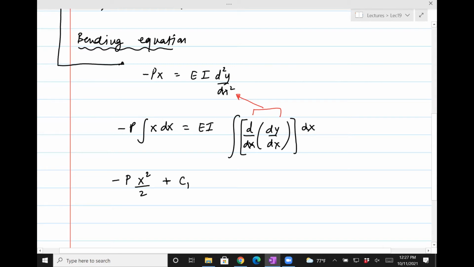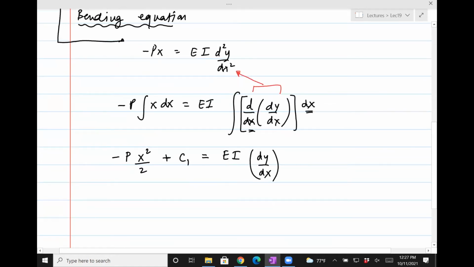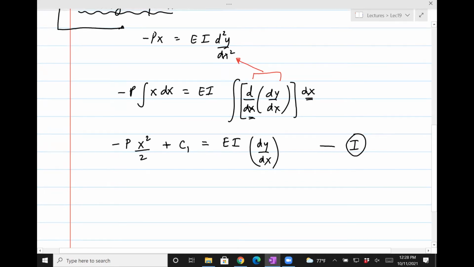So C1, which is clearly an unknown that we need to find, equals EI dy by dx. So the integral of the second derivative is the first derivative. That's what this is doing. But we're not done yet. We still need to find what y is. But let's just note this down because we'll need this equation later on.